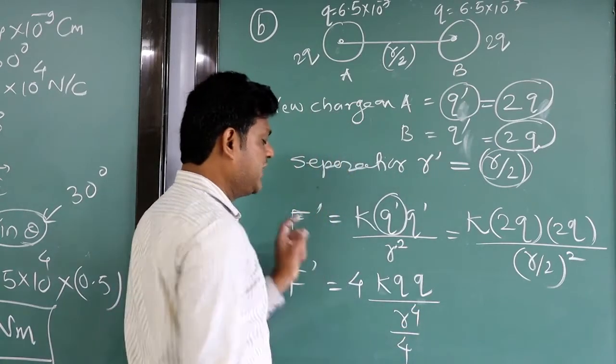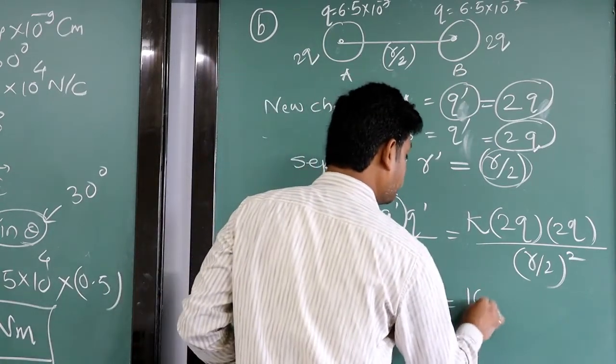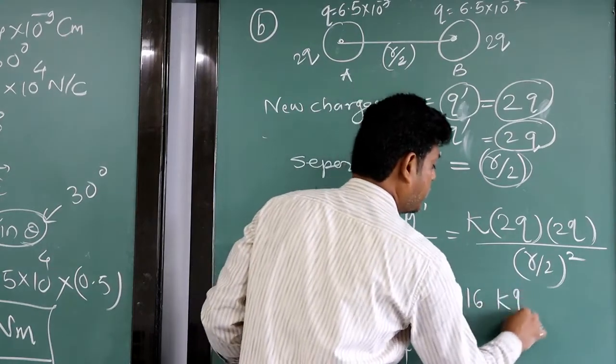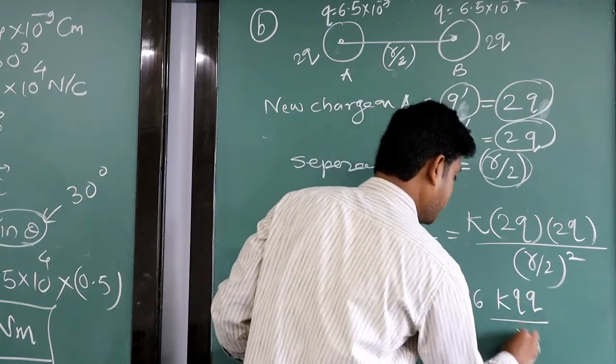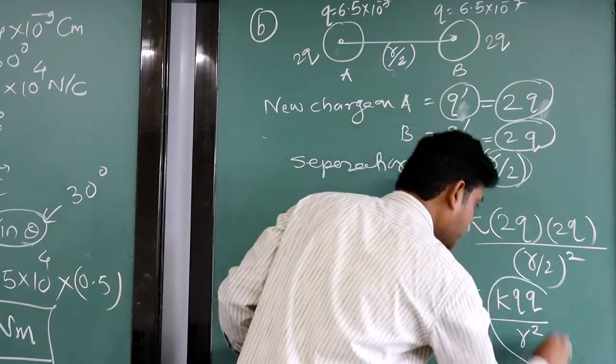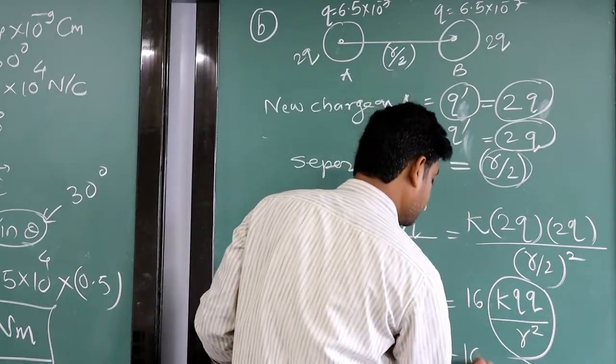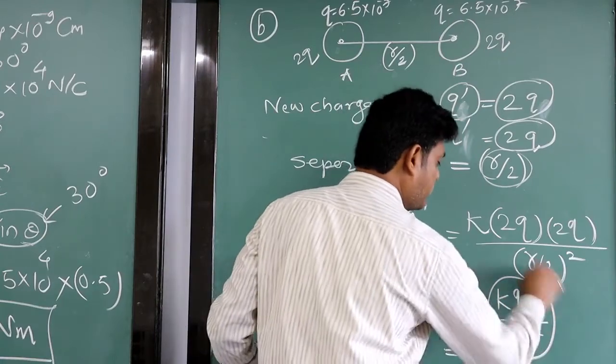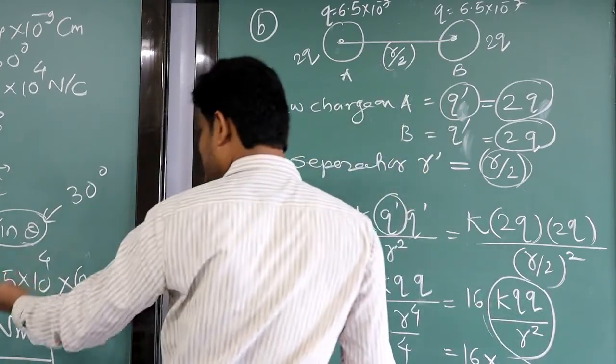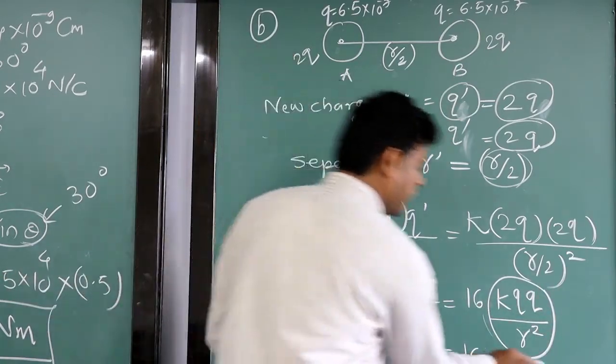So this 4 will multiply over here and the answer becomes 16 KQQ divided by R square, and we already calculated this KQQ by R square.